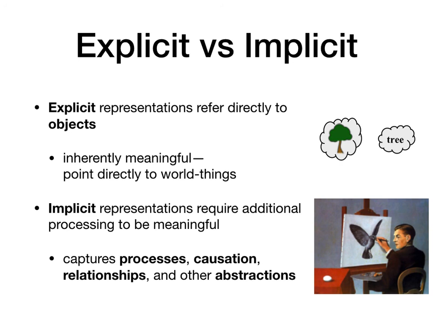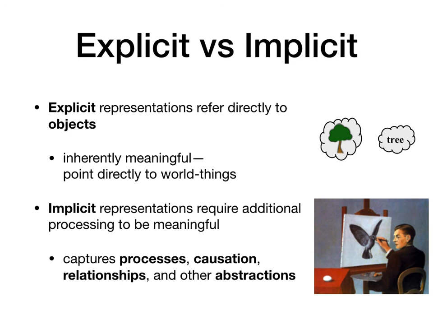So these kinds of representations are inherently meaningful because we can point them at the world and say, yes, that points to that, right? But there's also these implicit representations, the more abstract, more elaborate things, like keeping track of bird hierarchies and understanding how fire works and getting the idea to shake a tree for an apple to fall.